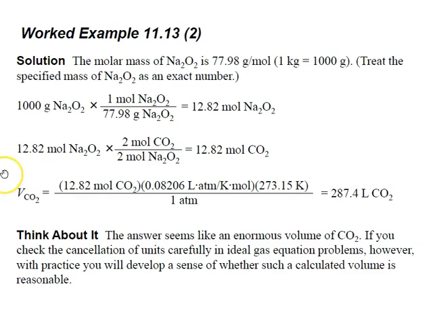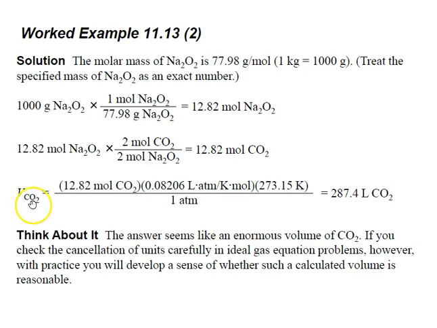We can then use our PV equals nRT, solve for volume. We'd be left with nRT over P, and we get that just by dividing both sides by pressure. So be able to solve for all the variables in our ideal gas law.